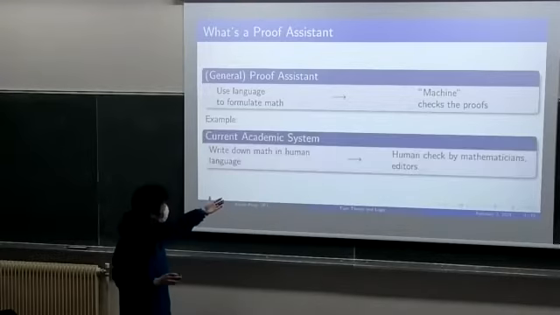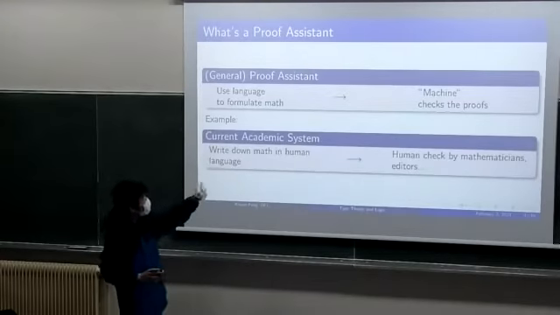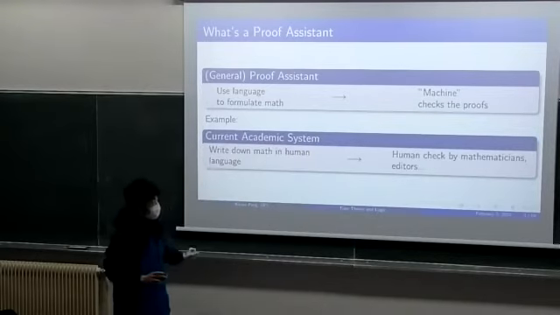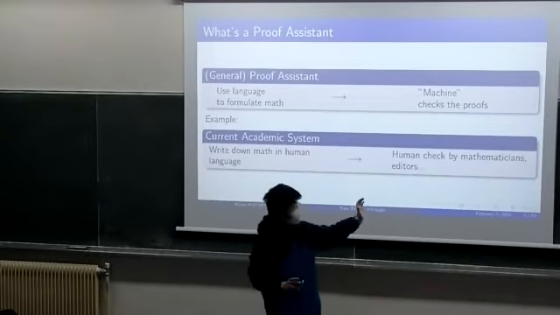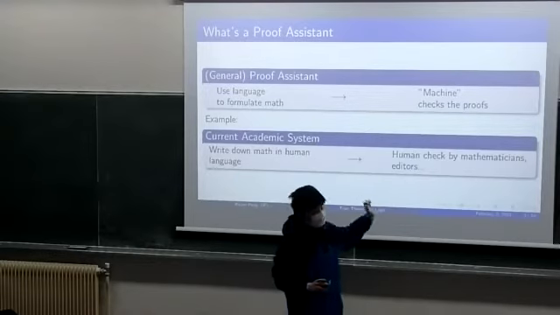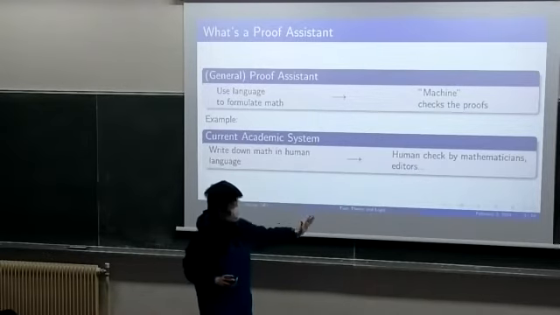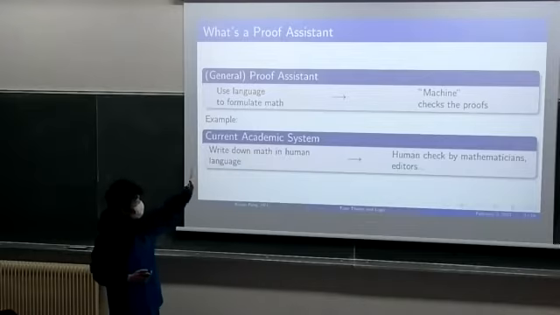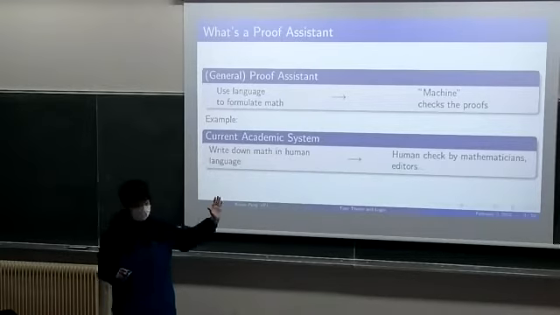A simple example is the current academic system. All mathematicians write their papers in human language, and other mathematicians check their proofs, like their advisor or their editor. This is how our academic system works.